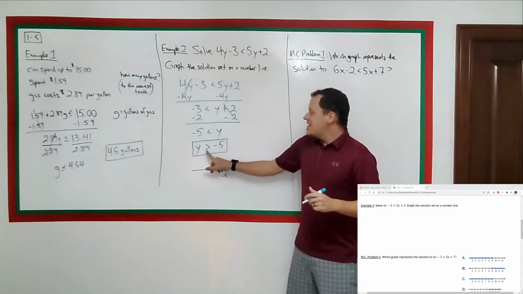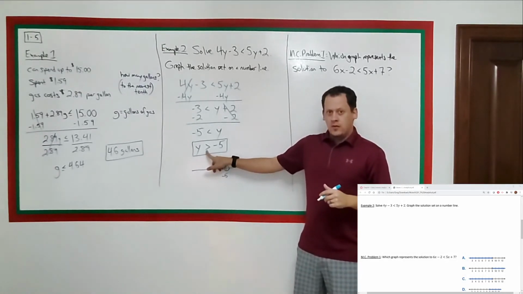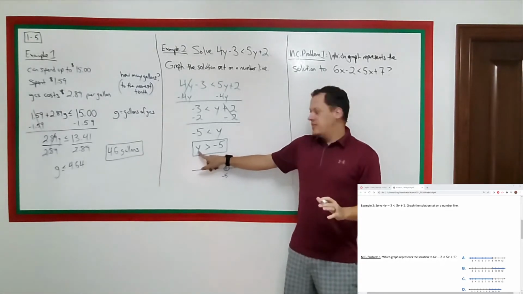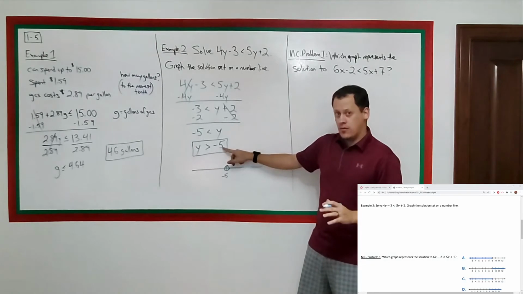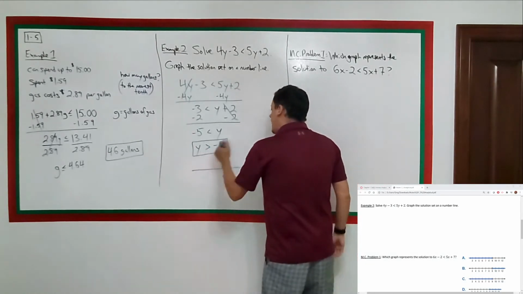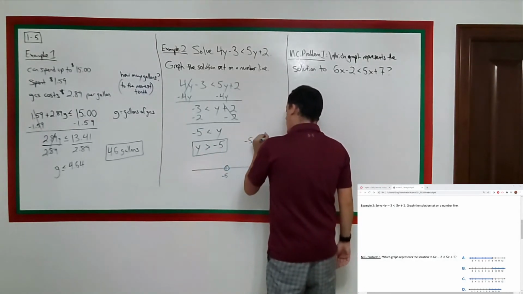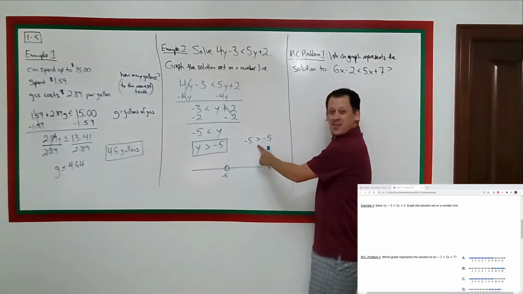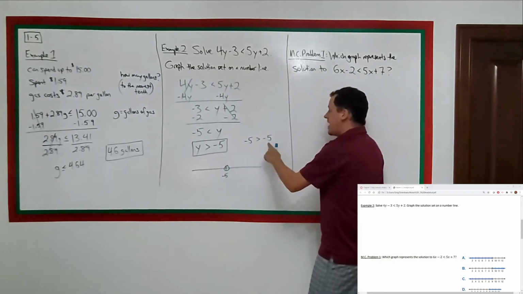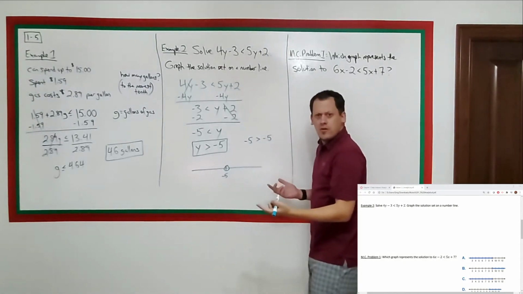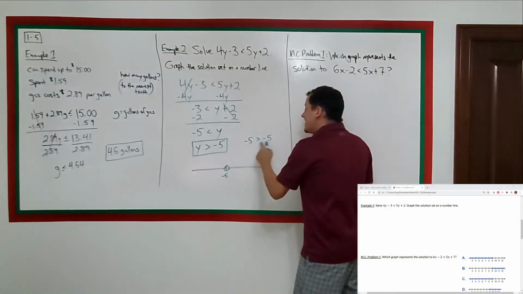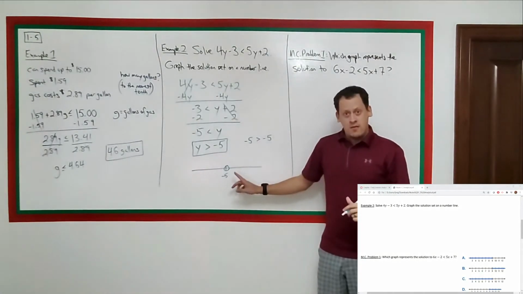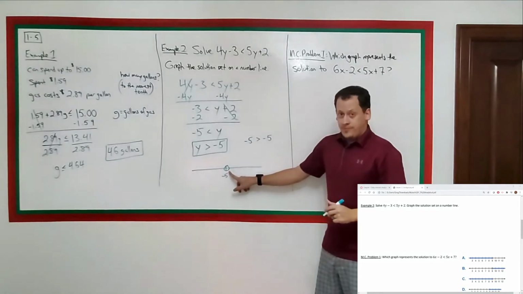And since this is a greater than sign, if we plug in -5 for y, is this true? No. -5 is not greater than -5. Those are the same number. So, since this is not true, when we plug in -5, we're going to keep this circle open.